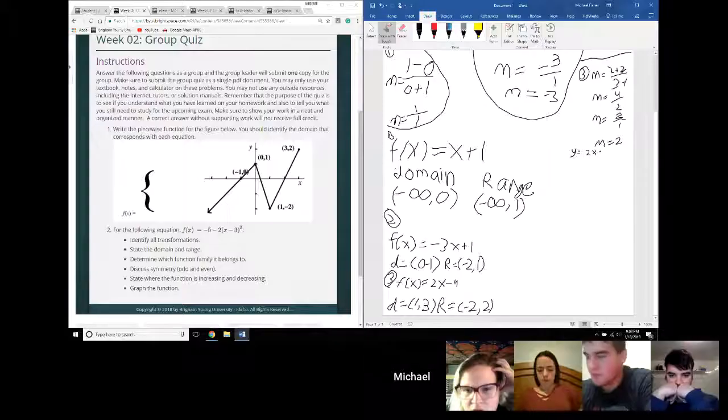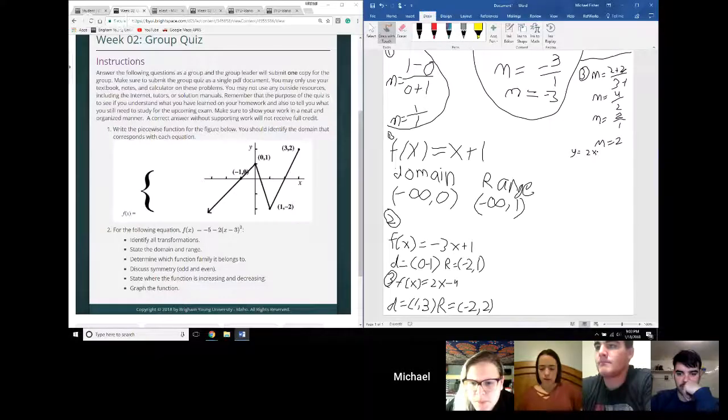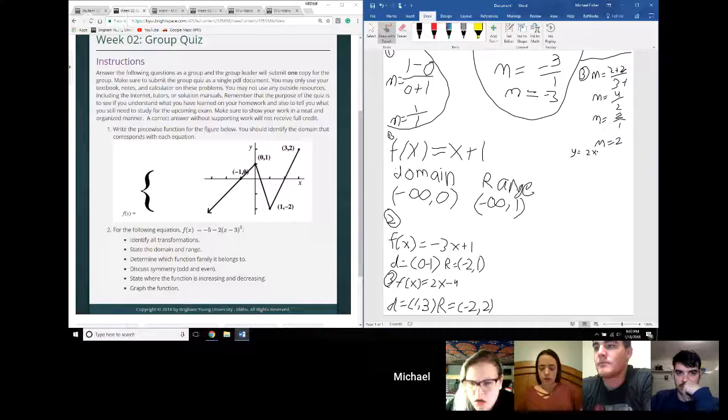Why negative 2 and 2 for the range? Range is for x value or y value? If it's for y value, I'll have to go negative 2. That's fine.